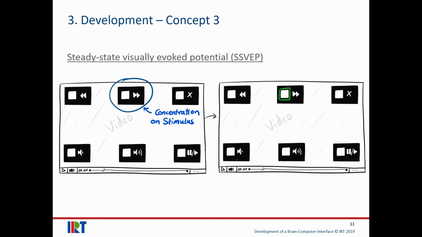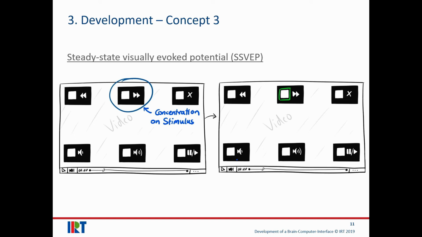The third concept uses so-called steady-state visually evoked potentials. The idea of that is similar to the second concept with the event-related potentials. It also uses visual stimulation to trigger a specific response in the EEG signal when the user concentrates on one of these stimuli. The difference to the second concept lies in the presentation of the stimuli.